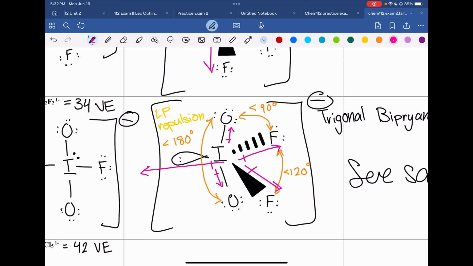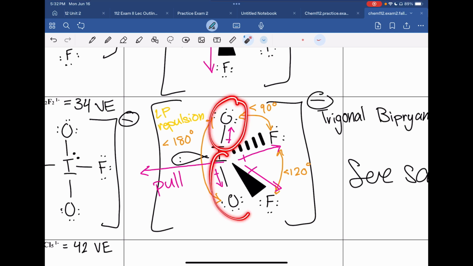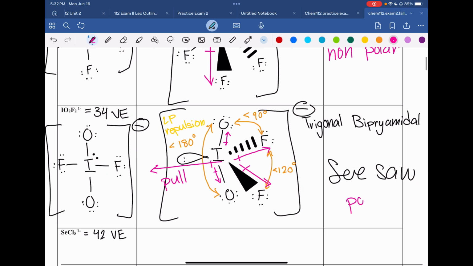It has the most polarity. It has pull. The whole molecule is being pulled towards the lone pair. Getting so much pull, in fact, it literally causes lone pair repulsion for it to be bent. So the whole molecule is actually being pulled in this direction. So if it has pull, it has polar tendencies.